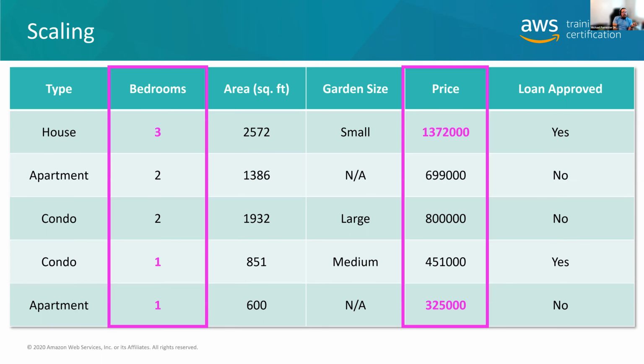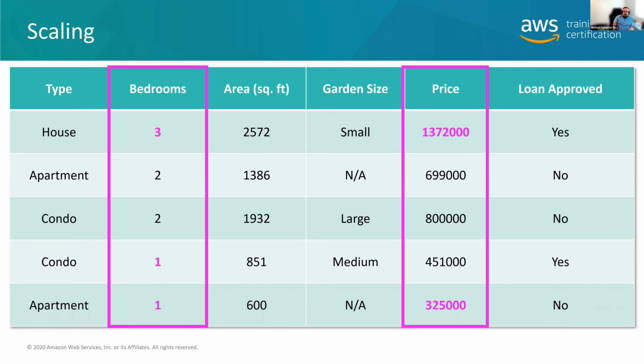what might need to happen here is that bedrooms is only going to scale, let's say, 1 to 5, or in our example here, just 1 to 3. But the price range is going to range from as low as 325,000 to 1.3 and change million, right? So the problem is that the range of these features is dramatically different. Like one is 1 to 3 and the other is 325,000 up, right?